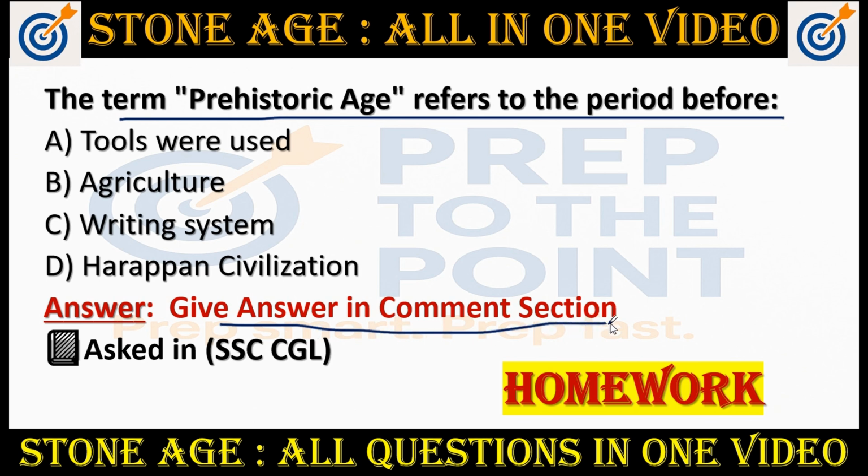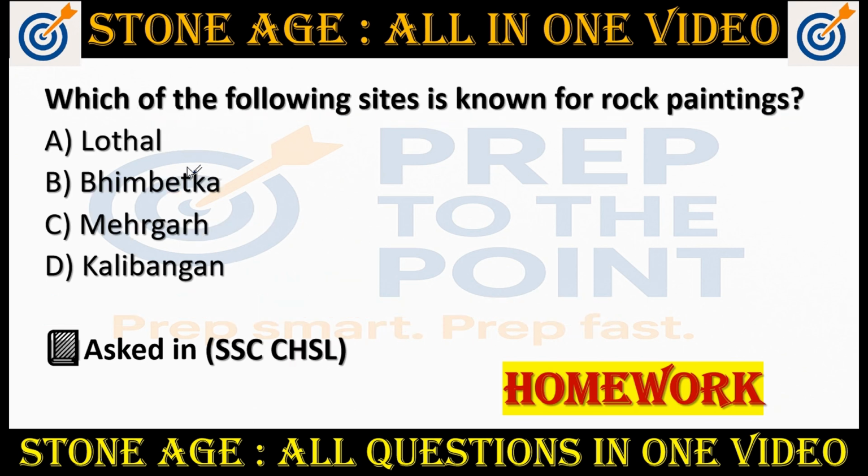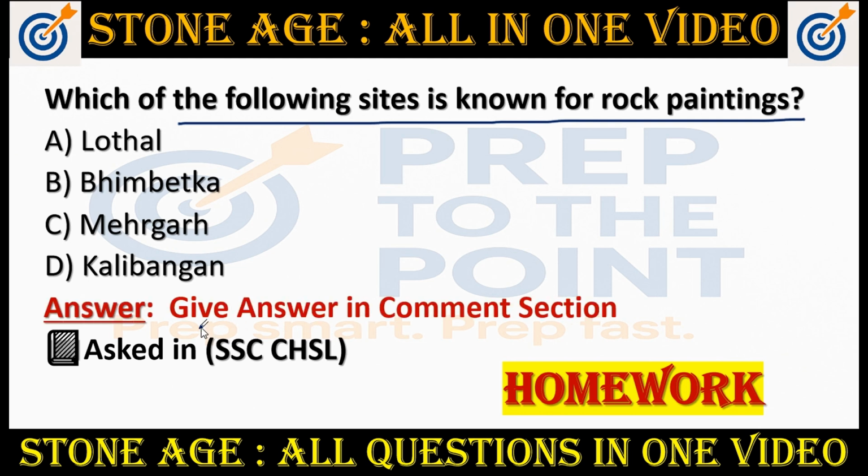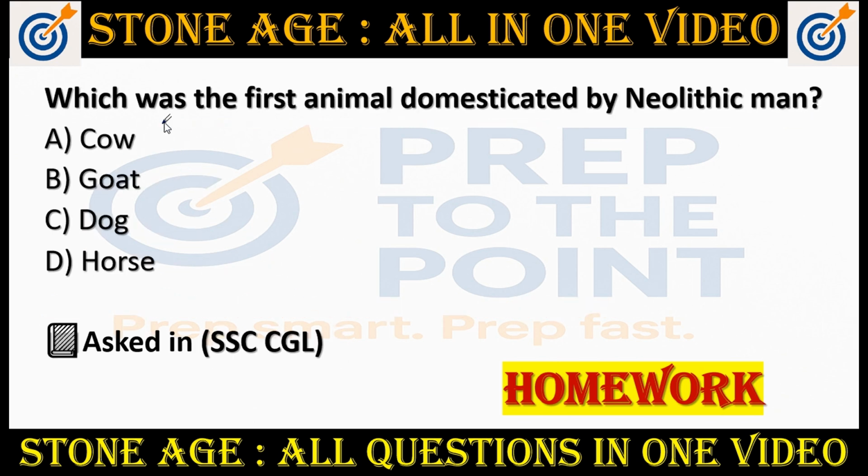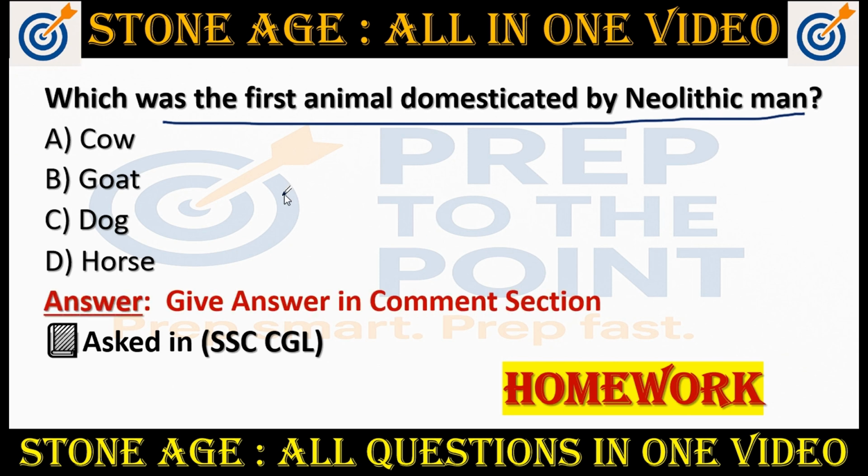Give answer in comment section. The third question is, which of the following site is known for rock paintings? Give answer in comment section. And the last question is, which was the first animal domesticated by Neolithic man? Give all these 4 questions' answers in comment section.